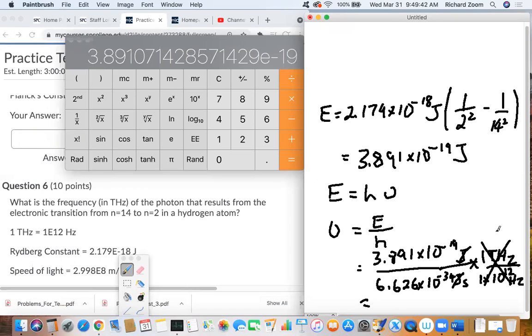For some reason, see that's seconds to the -1, and what did I do wrong here?